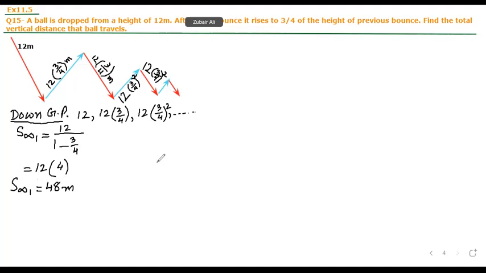Okay. Now we will find the up one, which is shown in the diagram by the blue arrows. So this is up GP. What is the up GP if you start from here? The first term will be 12 into 3 upon 4.